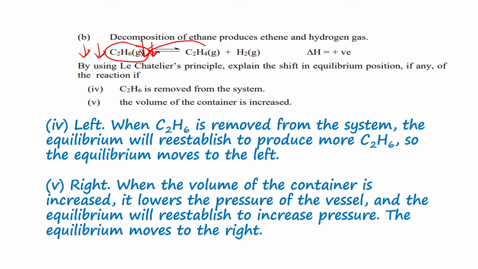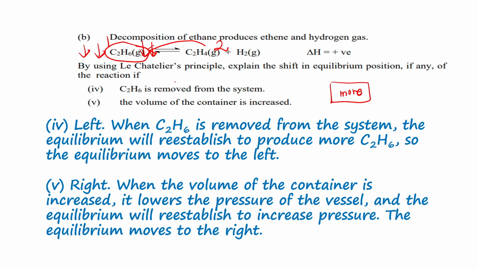Okay, volume of container is increased. So if we increase the volume of container, meaning that dia akan pergi ke arah more sides. Okay, more sides. Jadi di mana yang lebih banyak? Di sebelah kanan. Okay, di sini kita ada 2 moles, kiri kita ada 1 mole.